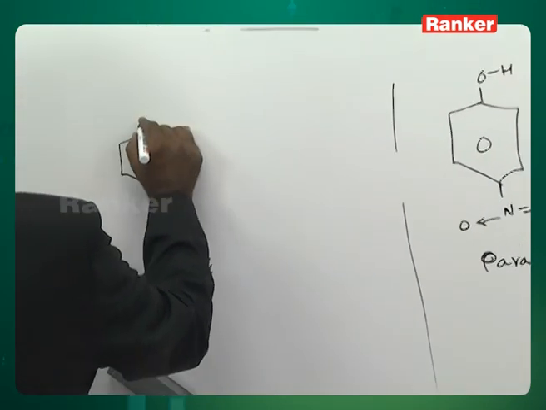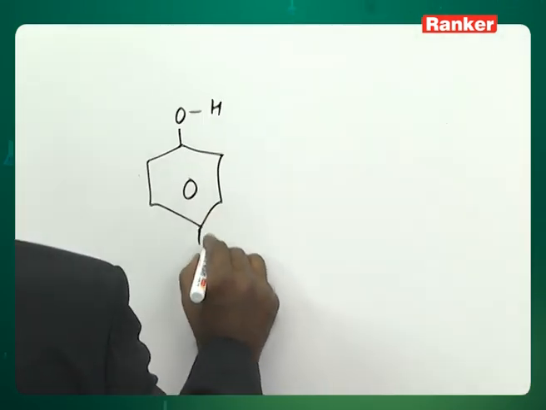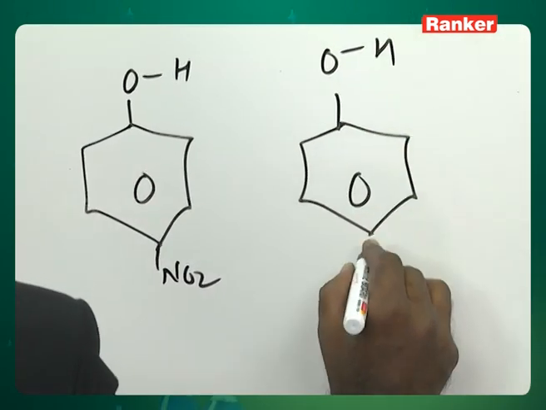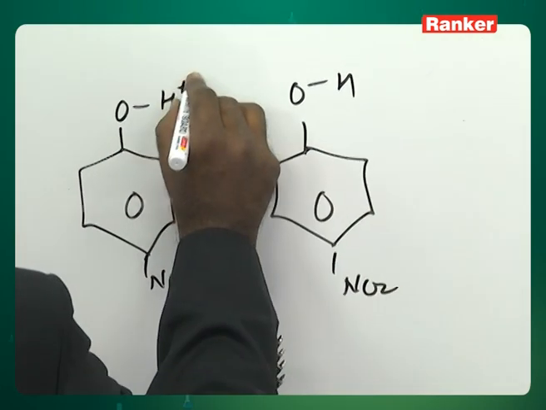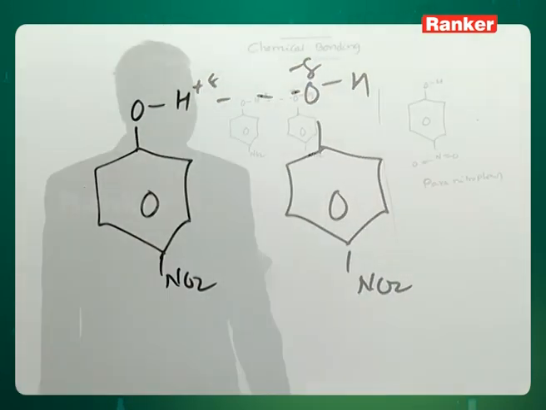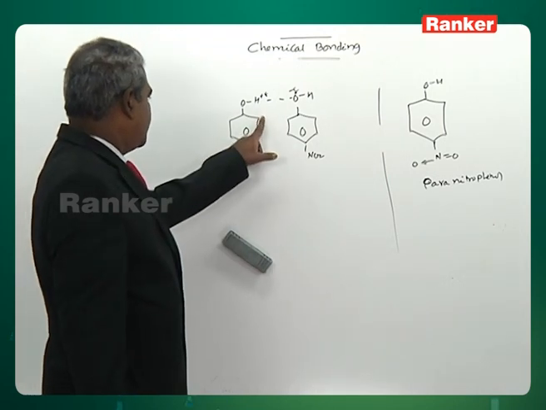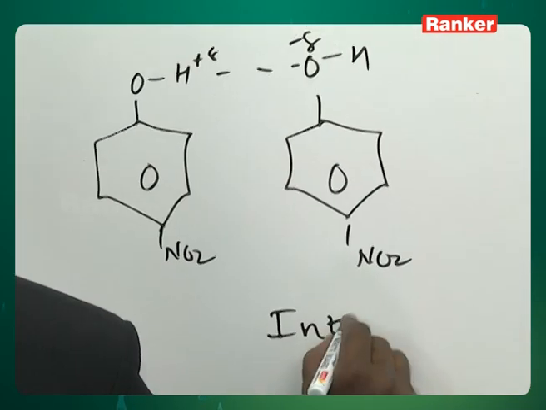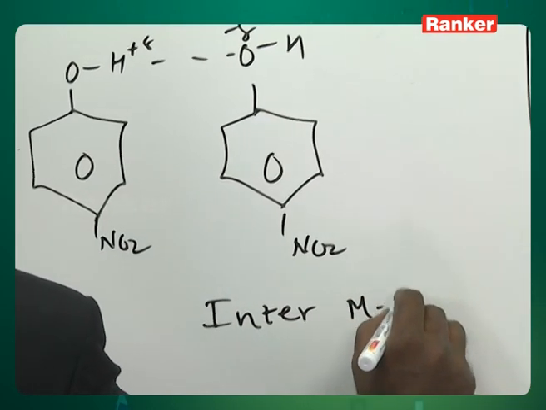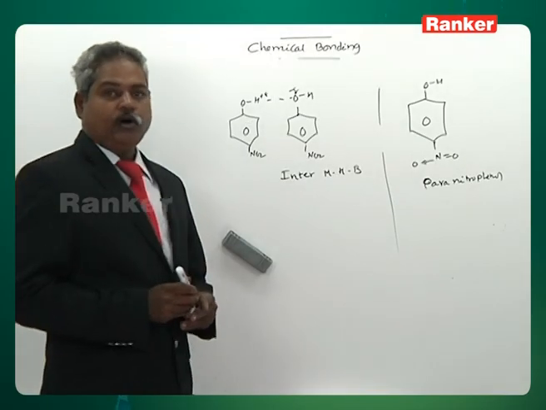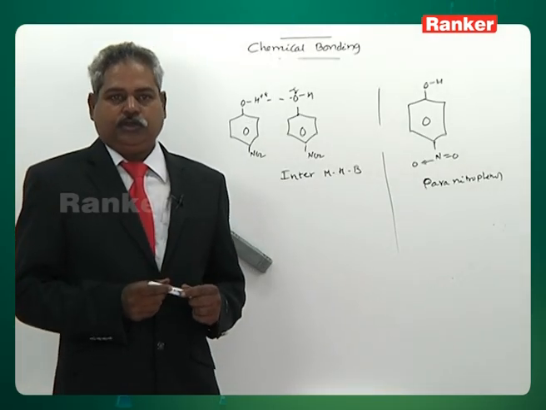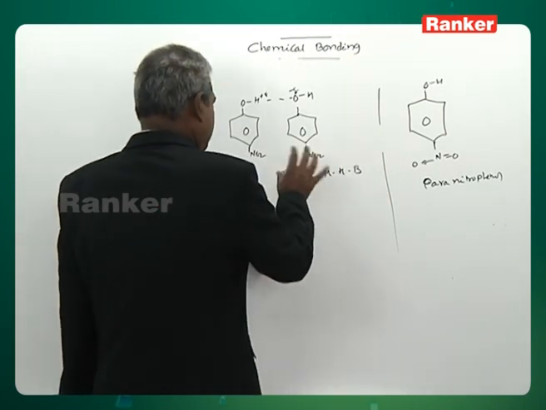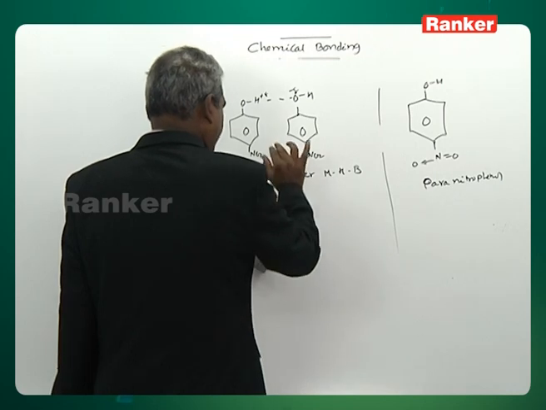But in the case of paranitrophenol, intermolecular hydrogen bonding is possible. NO2, you take another molecule of OH. Since this hydrogen is free, plus delta, minus delta, look here. Earlier NO2 was here, therefore it was intra, this is intermolecular hydrogen bond. Boiling points depend on whatever is there between two molecules, not what is there inside that molecule. So intra doesn't affect, only inter affects.